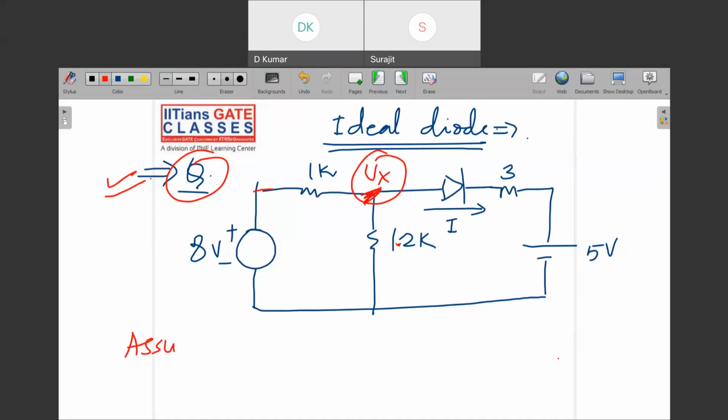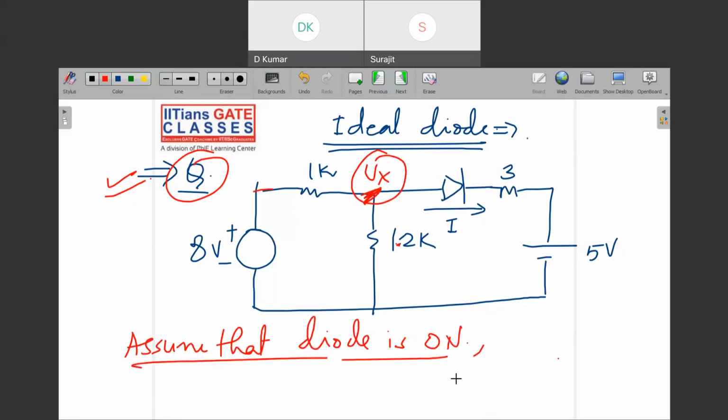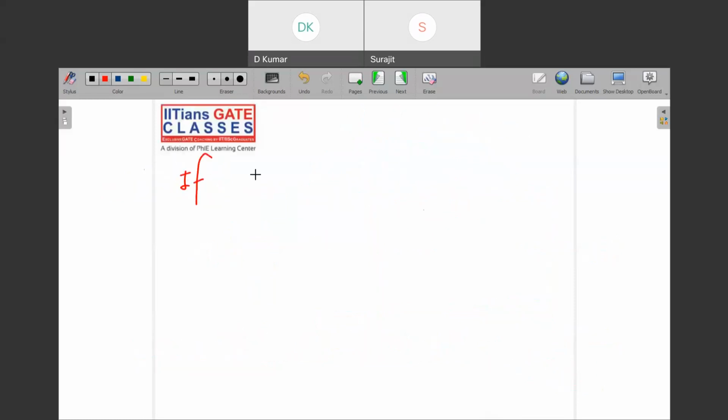Assume that the diode is on. Whenever you make an assumption, you have to prove it as well, and prove I must be greater than 0. If I is greater than 0, then the assumption is correct.